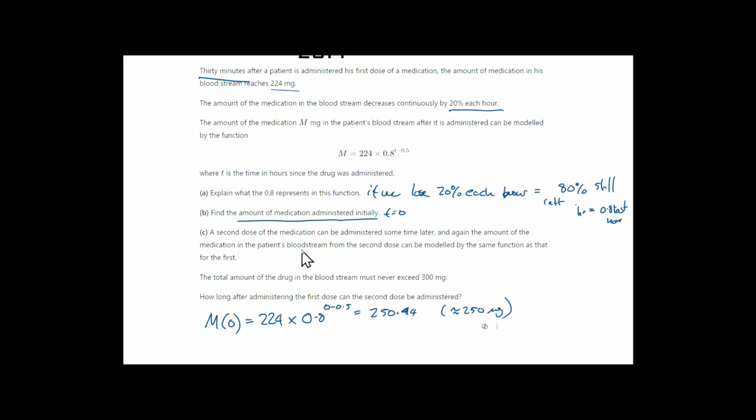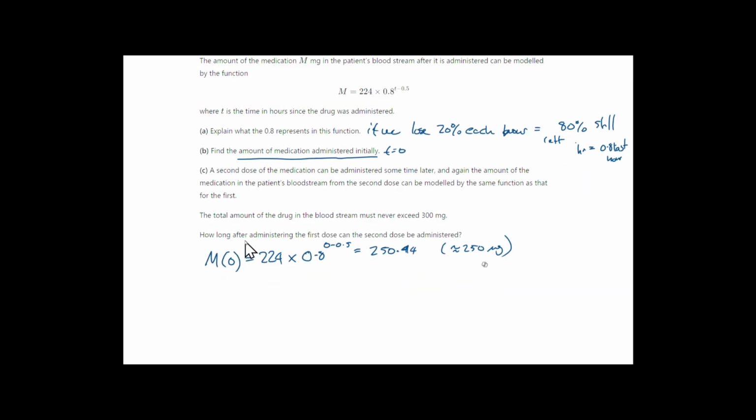Okay. Second dose of the medication can be administered sometime later, and again the amount of the medication in the patient's bloodstream for the second dose can be modeled by the same function as the first. Okay. The total amount of drug in the bloodstream must never exceed 300 milligrams. How long after administering the first dose can the second dose be administered?